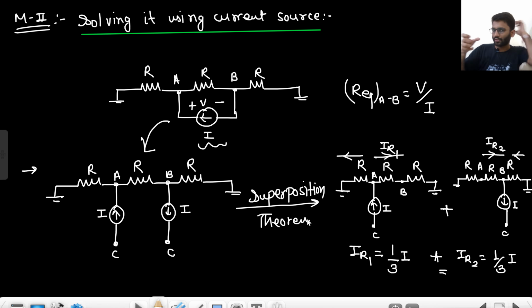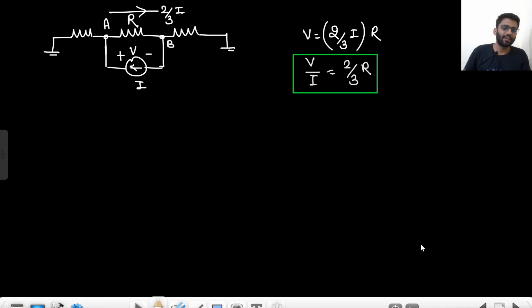I consider only one source at a time. I consider this source and calculate the value of IR1, I got 1 by 3I. Then I consider this source and calculate the value of IR2, I got 1 by 3I. Adding both, my total current in this resistance is 2 by 3I.